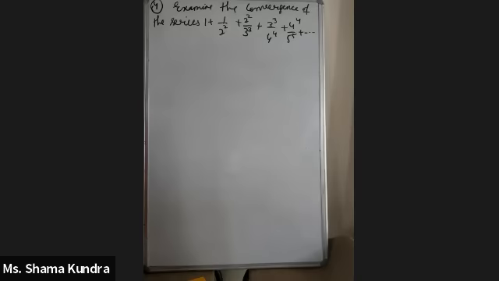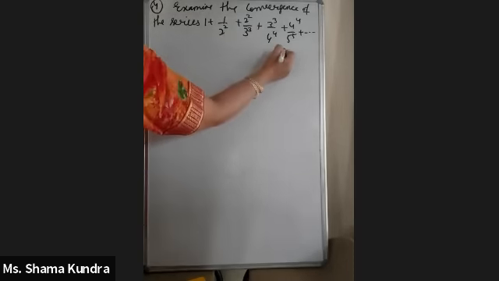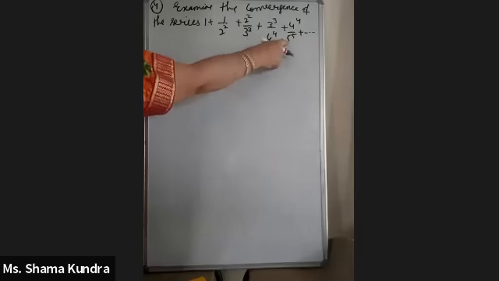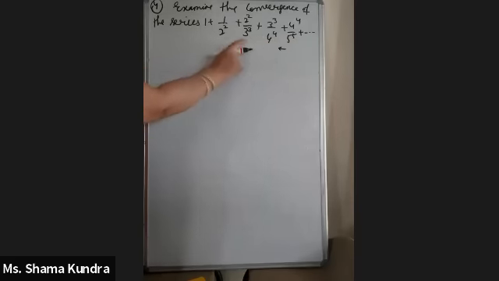First step is to find un. Firstly, make the symmetry. If we come from right to left in the denominator, we observe first 5 raised to power 5, then 4 raised to power 4, then 3 raised to power 3, then 2 raised to power 2, and we write the first term as 1 raised to power 1.